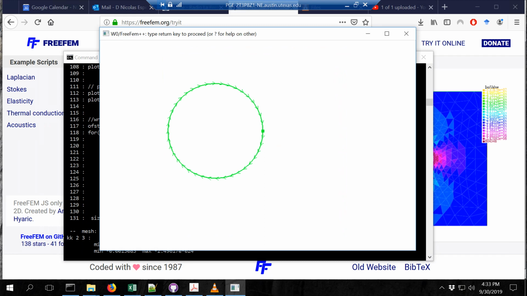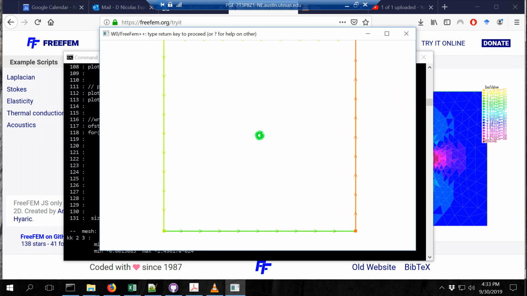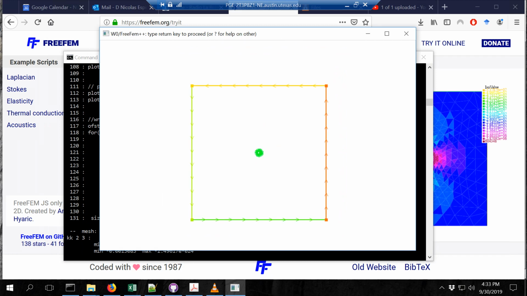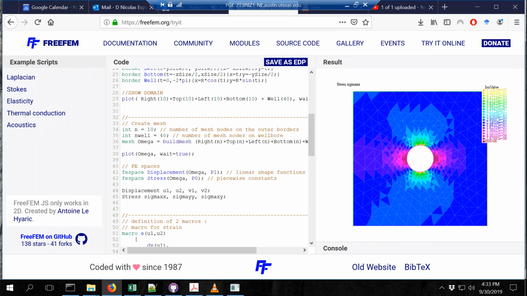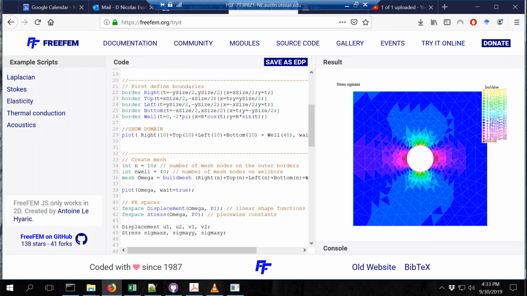You can zoom in and zoom out with the plus and minus buttons on your keyboard. That's what I'm pressing right now. This is the first step. Define your boundaries with lines and make sure that they make a closed loop. All right? So we are right here. Show domain.